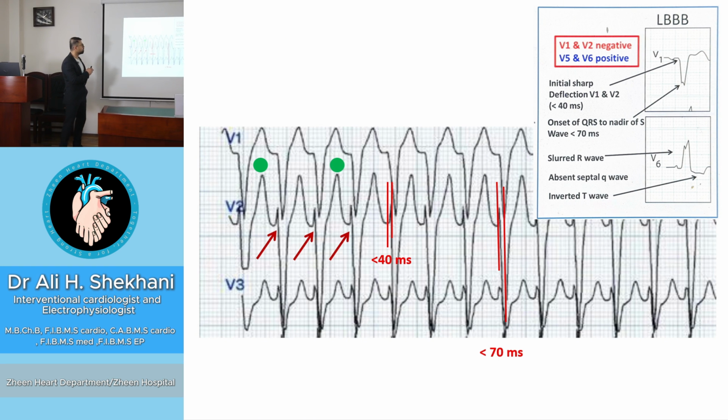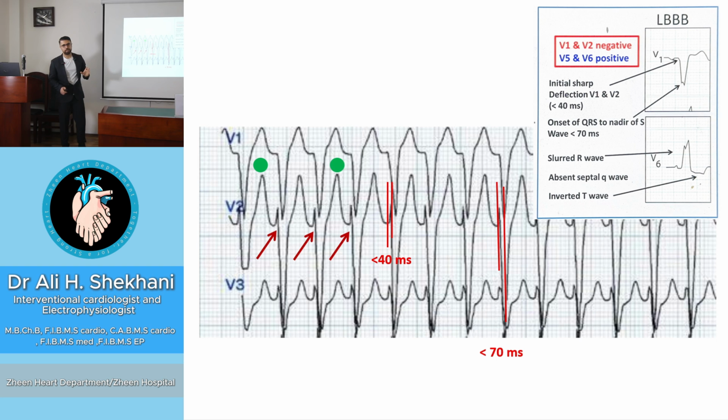This is the morphology. As I told you, for left bundle branch morphology, if it is typical, the initial R to S should be less than 40. This is again very short. And the duration from the R to the nadir of S is less than 70.